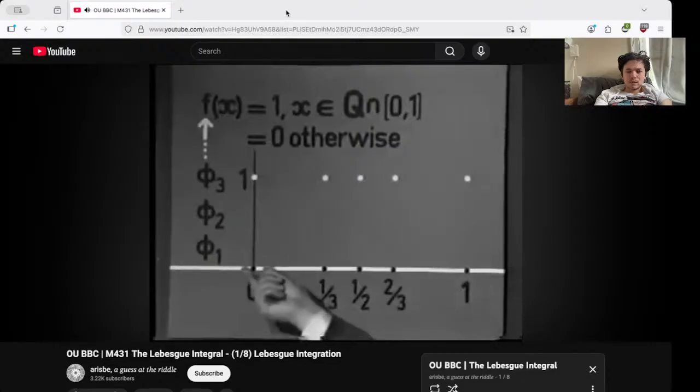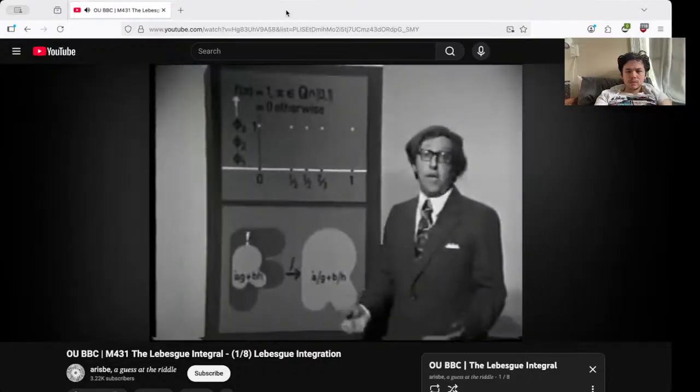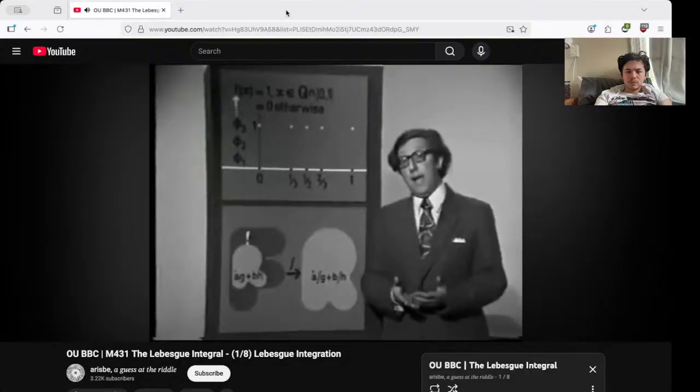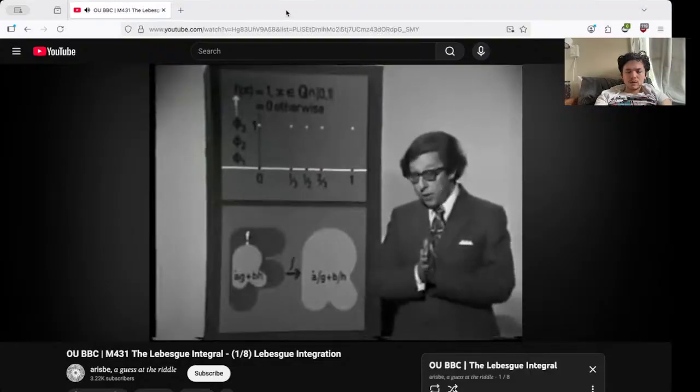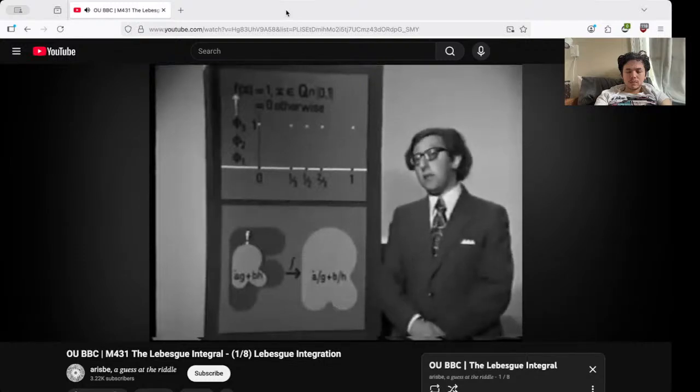In fact, I can surround each point by a rectangle of as small an area as I please. So the infimum will also be 0. So phi 1 is also Riemann integrable, as is phi 2 and phi 3 and each term. So what we have is a sequence of Riemann integrable functions which has as a limit a function which doesn't have an integral at all.